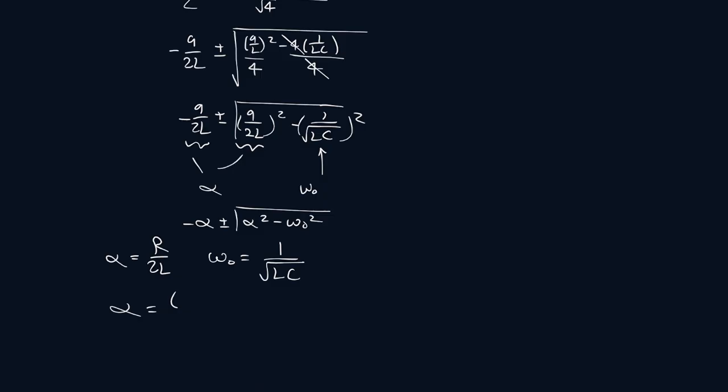So alpha is R over 2L, so 2 times 0.5, that should give you 9, and this is in radians per second.